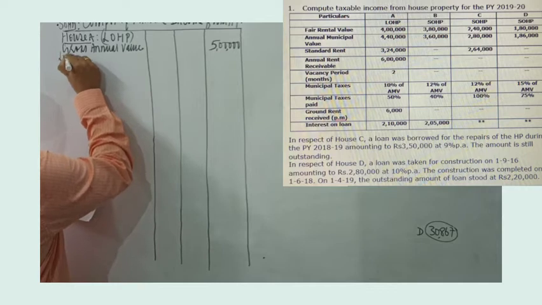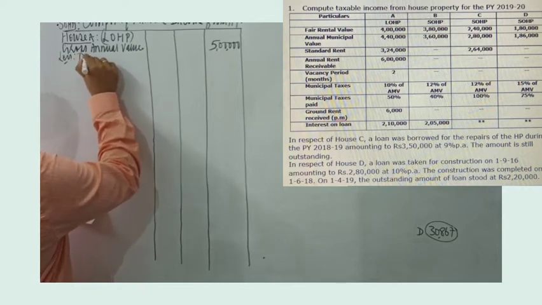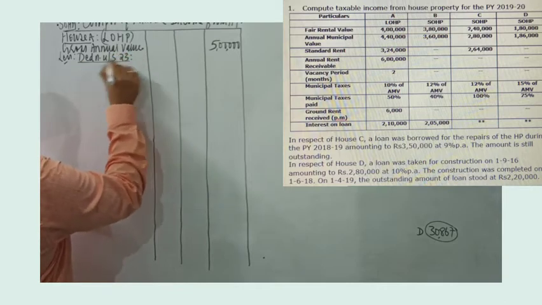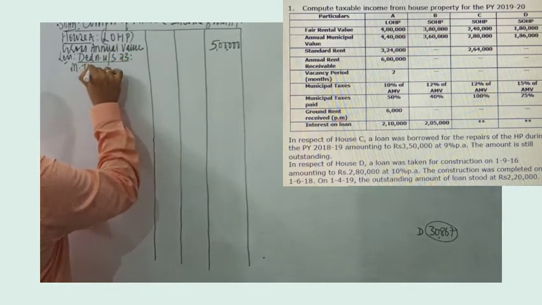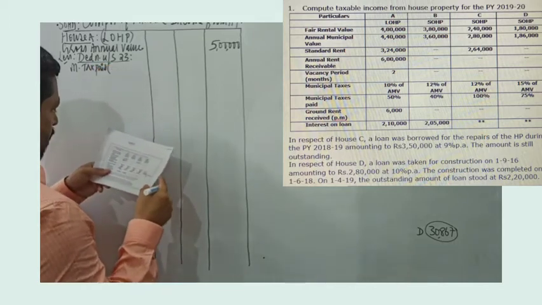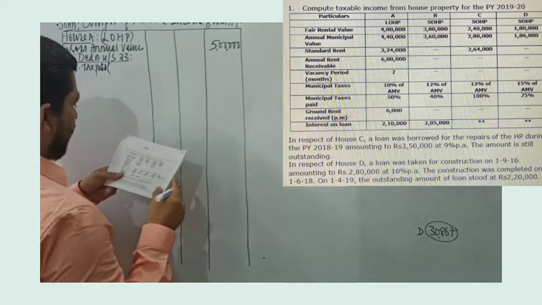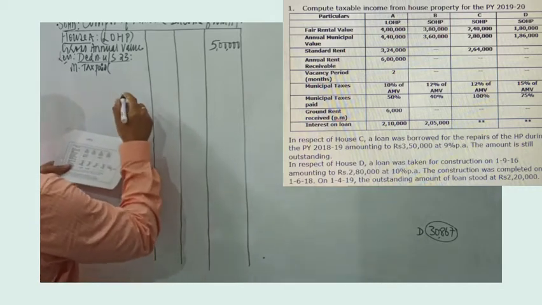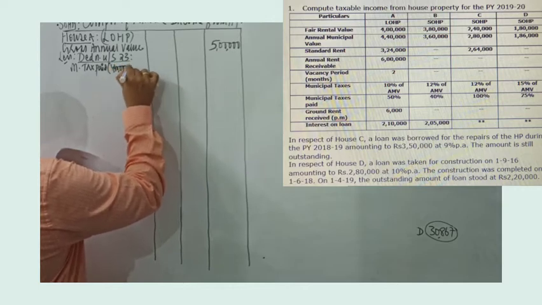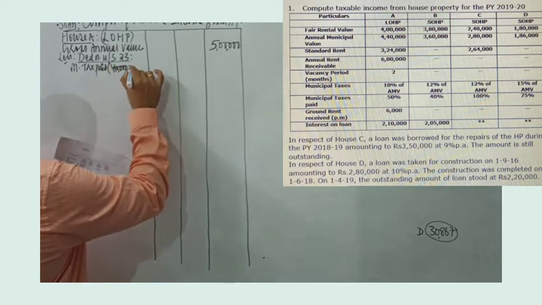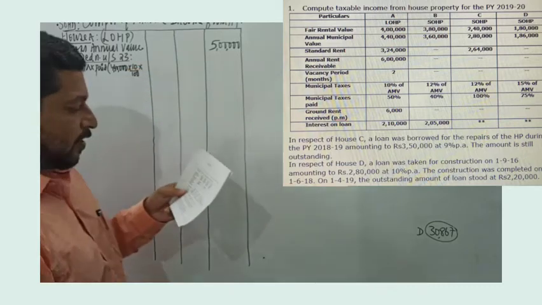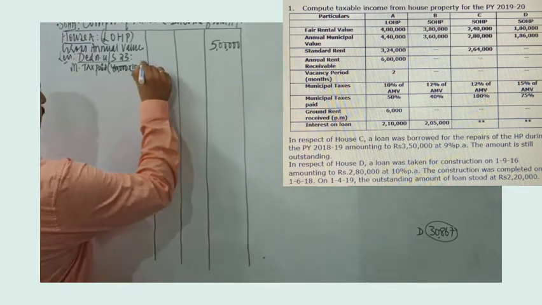Then we go through the normal process, less deduction under section 23, that is deduction for municipal tax paid. Now what is given? Municipal taxes is 10% of AMV is given. AMV is annual municipal value, which is 4,40,000. So 4,40,000 into 10% is given, and also thereafter is given 50% is paid.